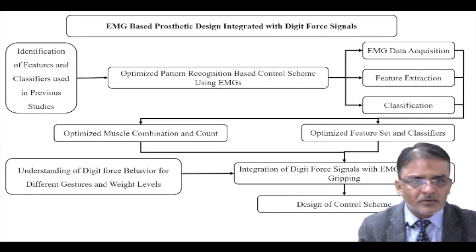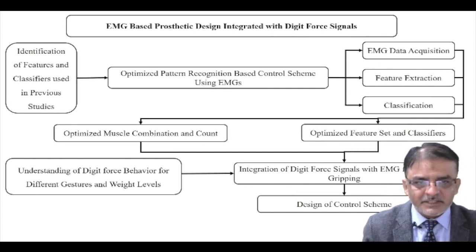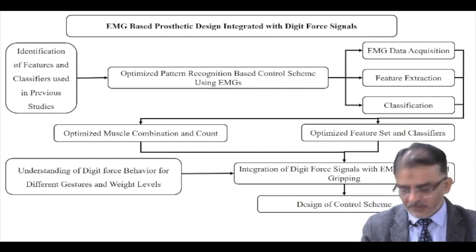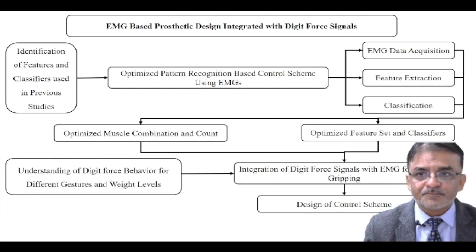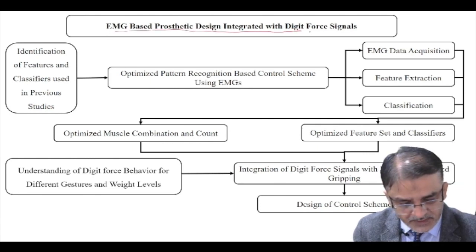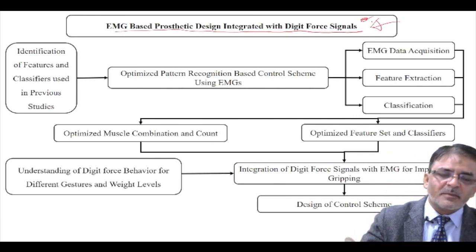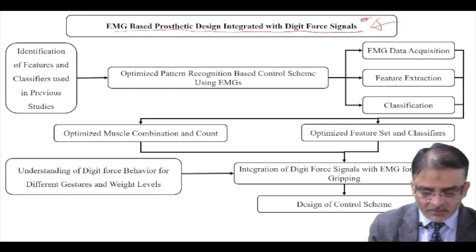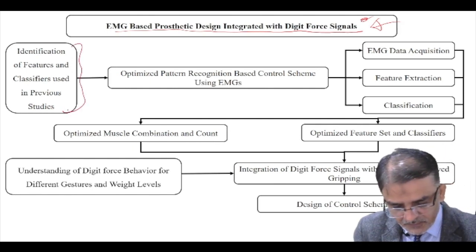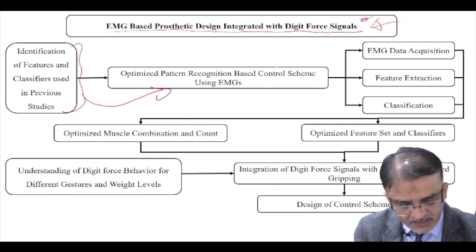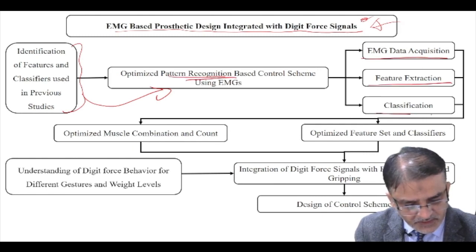Now I am coming to the structure of our study, which I am going to present in a few minutes. EMG based prosthetics integrated with digital force signals. The force signals give much quicker information than EMG signals. So identification of the features from the force, then pattern recognition: data acquisition, feature extraction, classification.